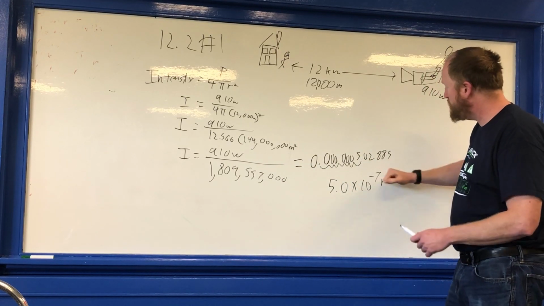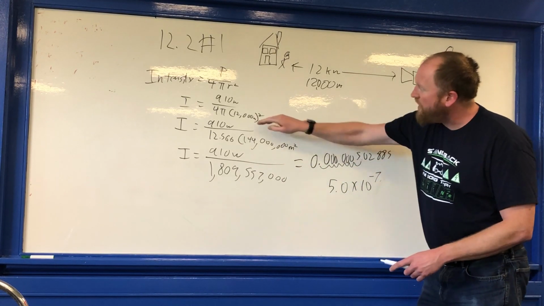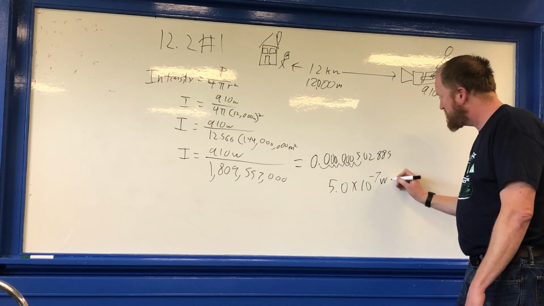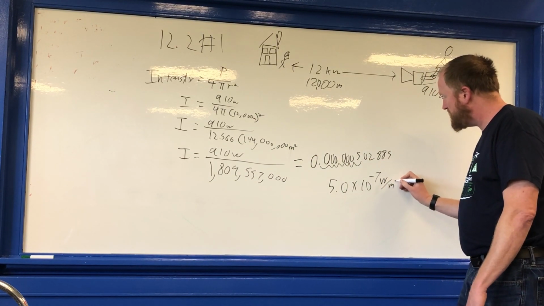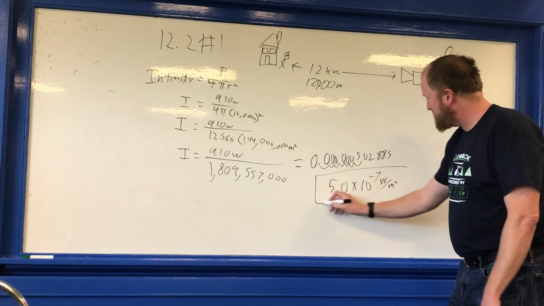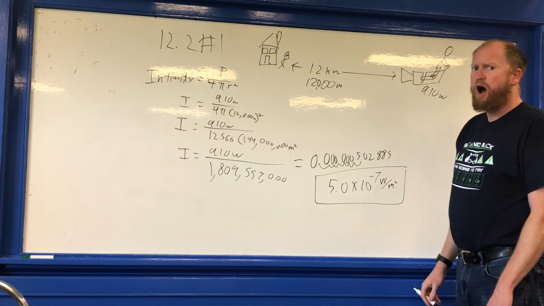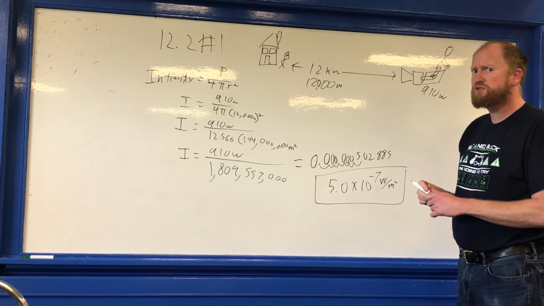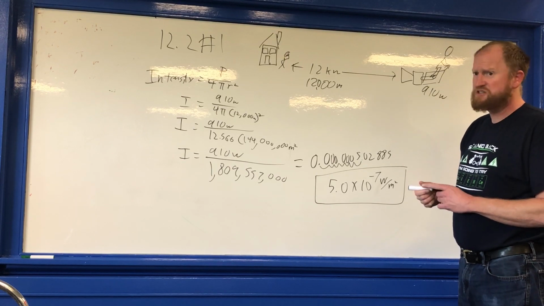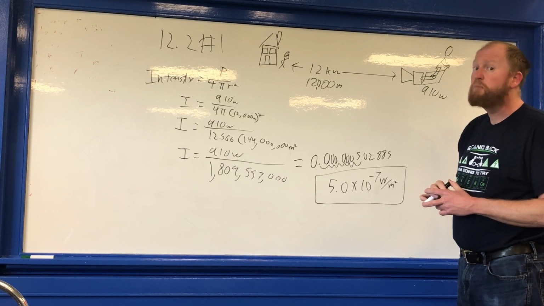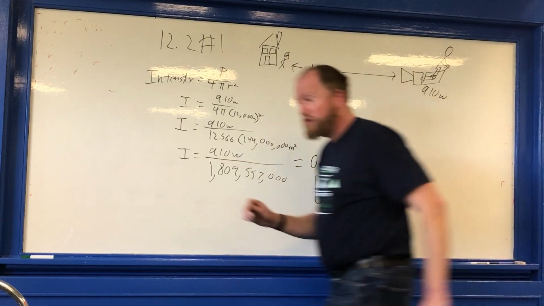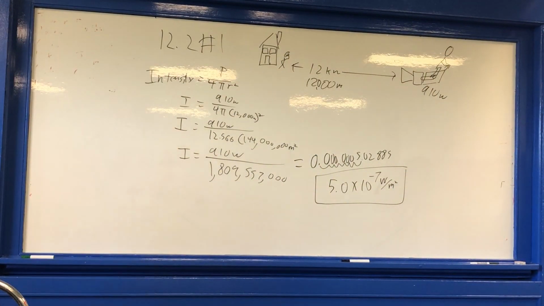Oh, sorry, big mistake. Watts was on top, so watts per meter squared. That is the intensity of the sound waves. I hope my wife is listening, because it's not going to be all that loud, but I'll try. Here we go.